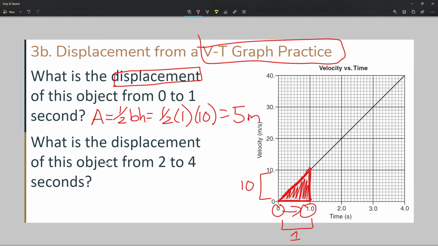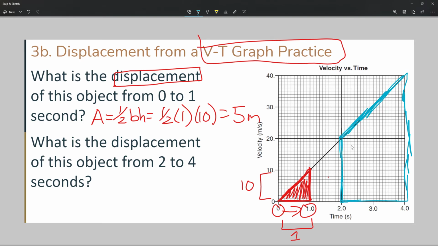Let's do the second question. What is the displacement of this object from 2 to 4 seconds? Let me use a different color. Now we want 2 to 4 seconds, so we want to calculate the area underneath the line and above the x-axis.